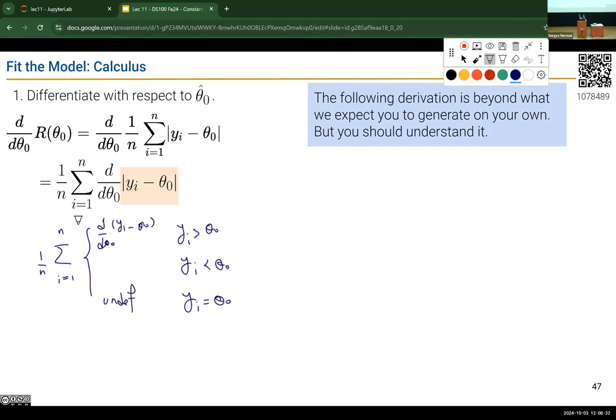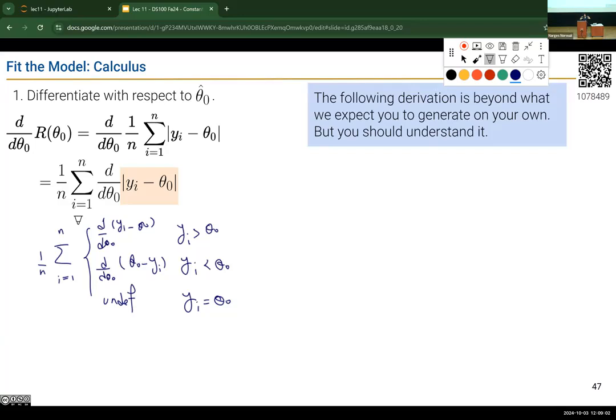In the other case, where yi is less than theta 0, whatever is inside the absolute value function is going to be negative. So when I take the absolute value, I should multiply it with a -1. So in this case, it is equal to taking the derivative of theta 0 minus yi, right? This way it's kind of simple, it's separate, and I can move forward with taking the derivatives.